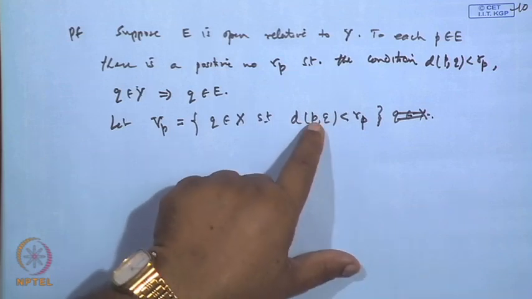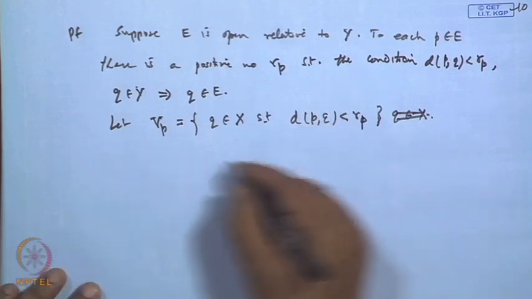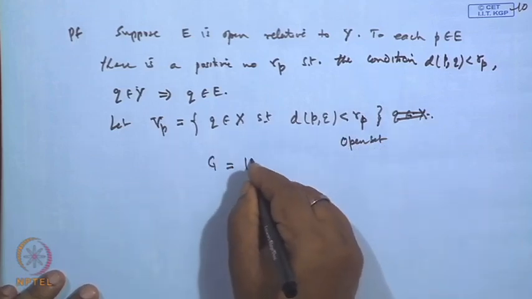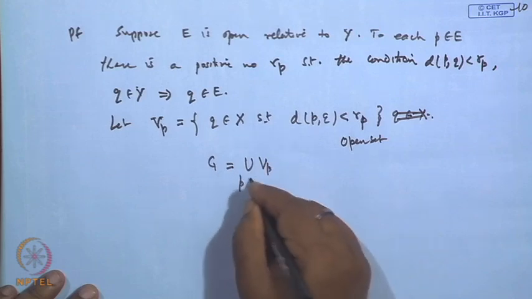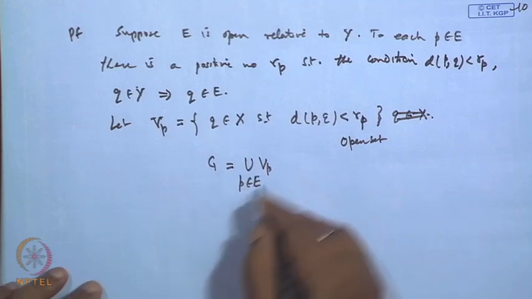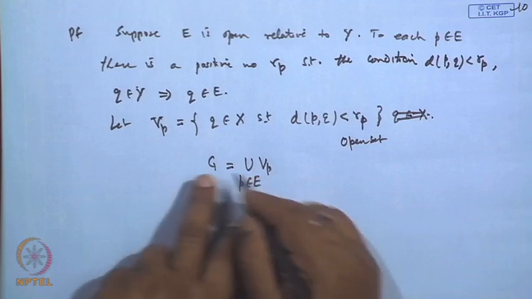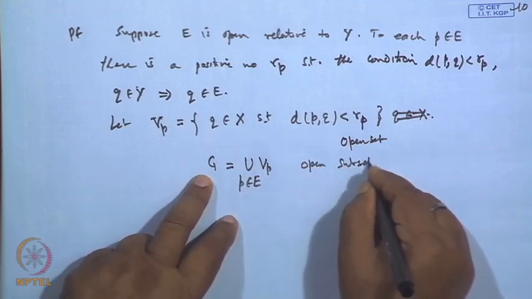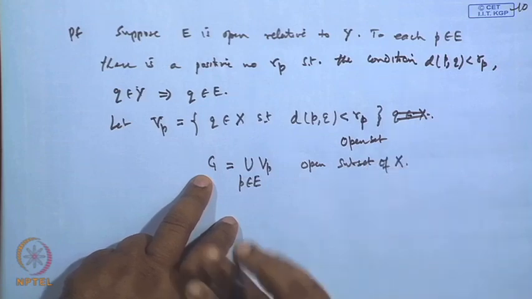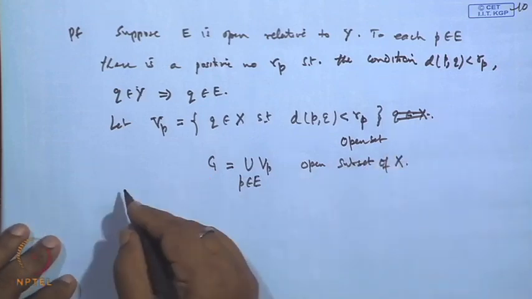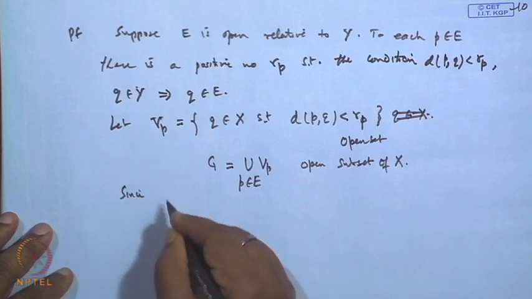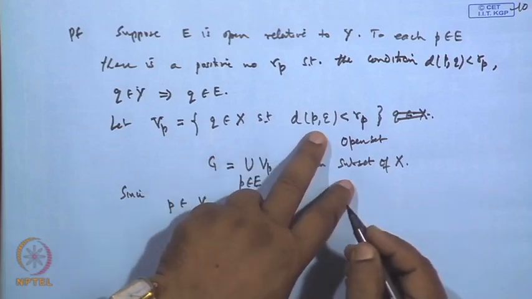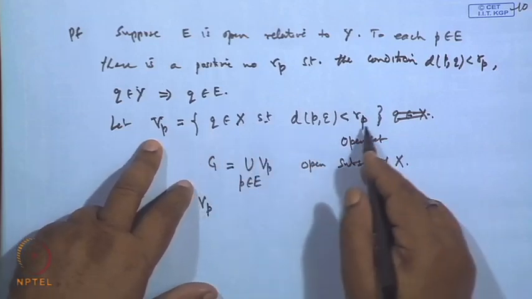Obviously this is a neighborhood, so it is an open set. If I take G to be the union of all these B_p, where p belongs to E, then this union of open sets will also be open, so G is an open subset of X.